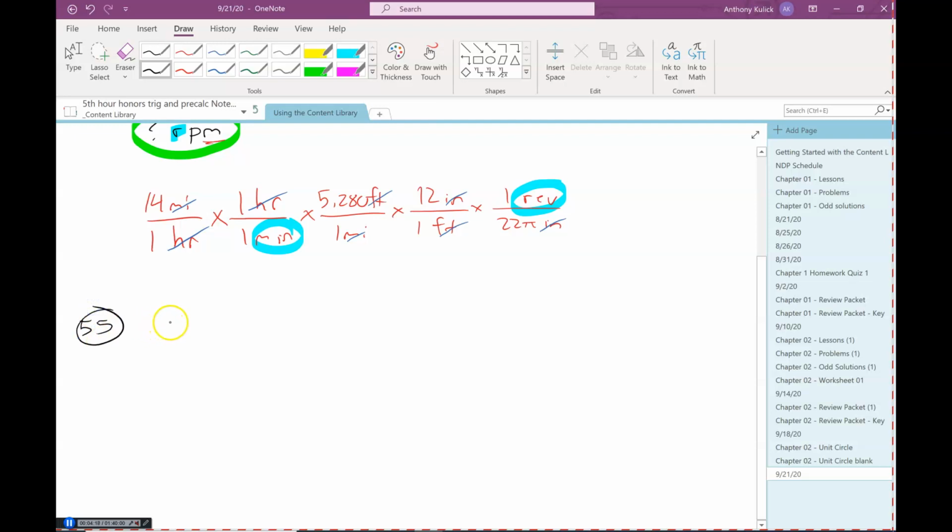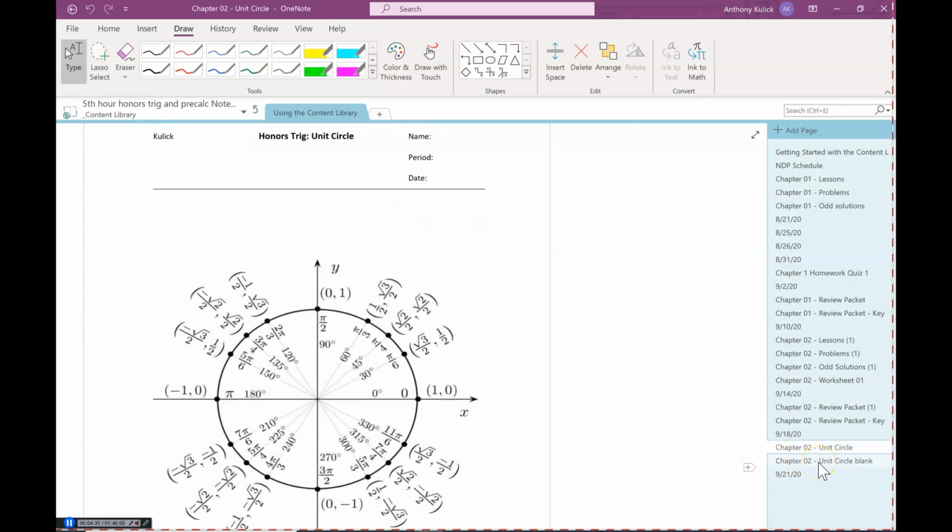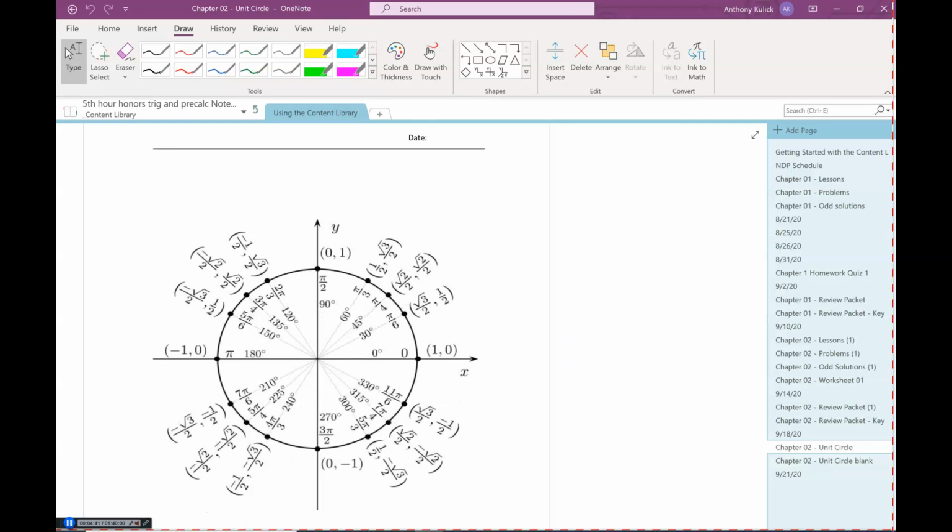So 55 asks us to find the exact value using the unit circle. So sine of 135, I guess, degrees. So I'm going to take out my unit circle, which you might have noticed I put in the content library for you guys. So what I'm going to do is locate 135 degrees, which is right here.